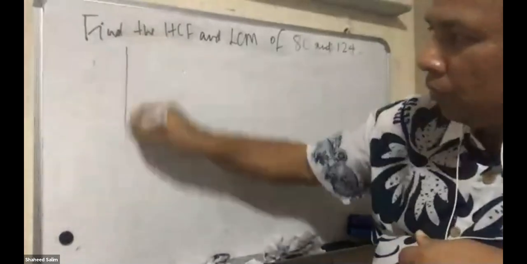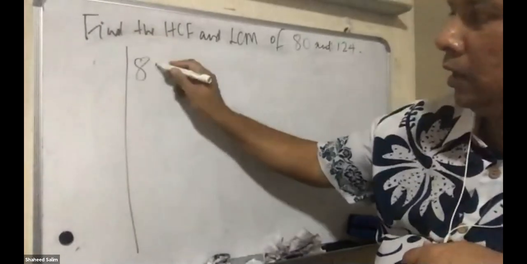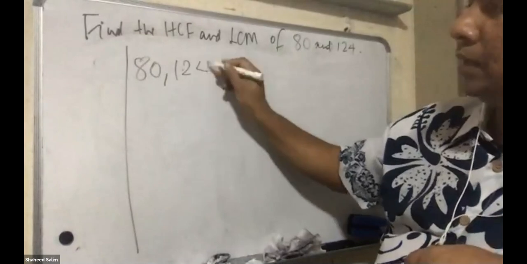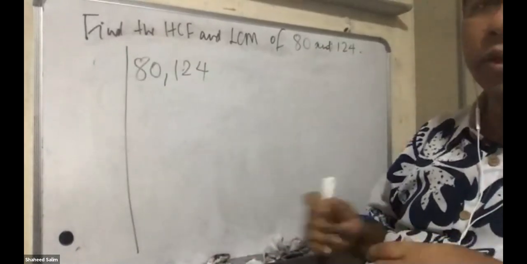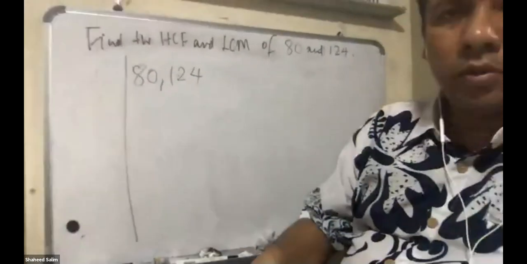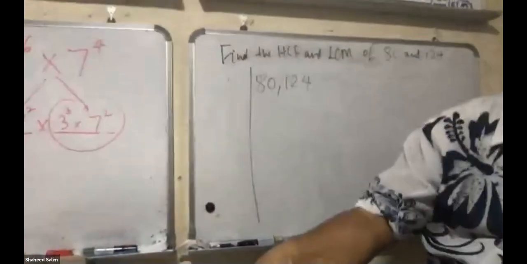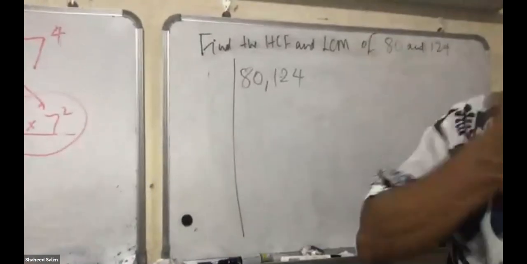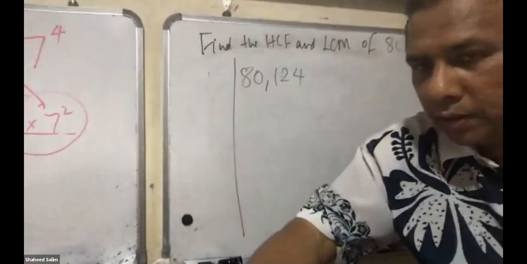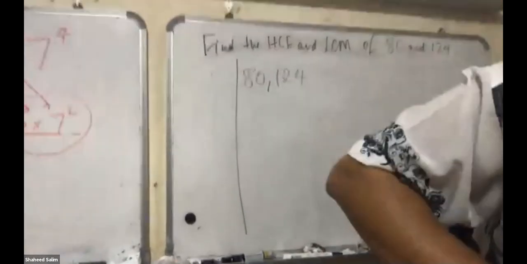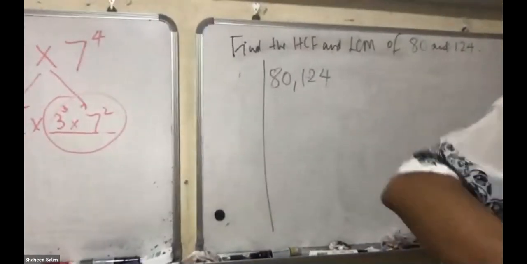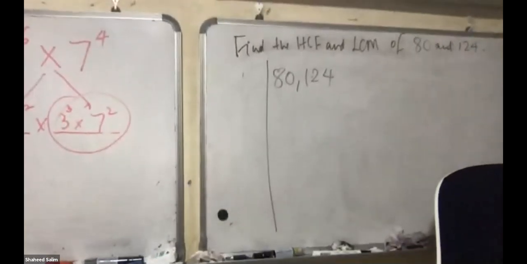Okay, if you forgot, write like that, 80, 124. Start dividing by 2. Do. You can do it. Once you're ready, send me a message, okay? You don't need to write HCF or LCM. I know whether it's a HCF or LCM, don't worry.